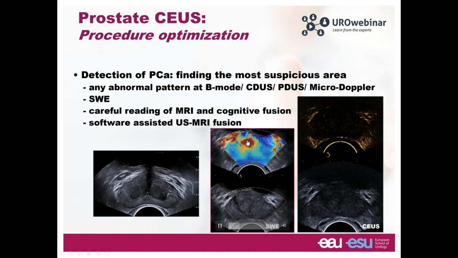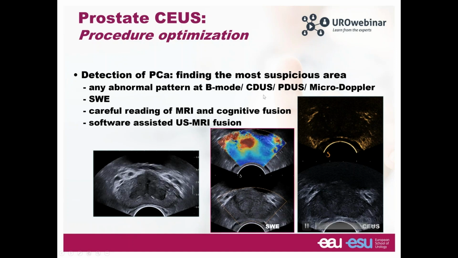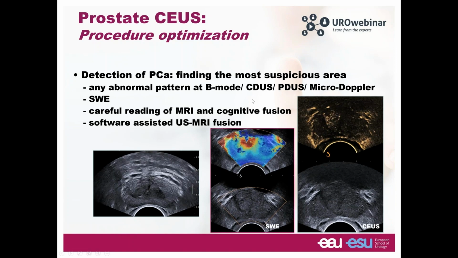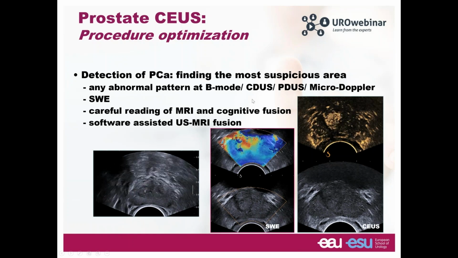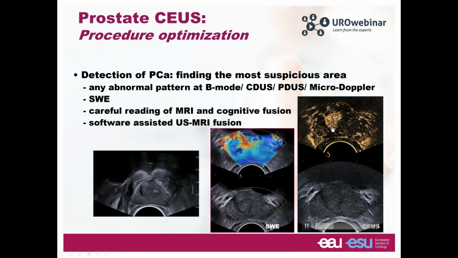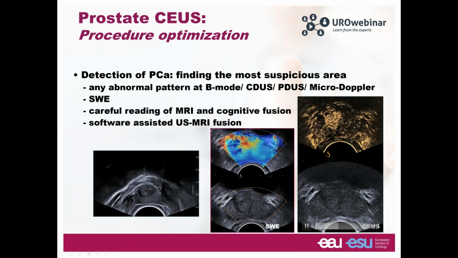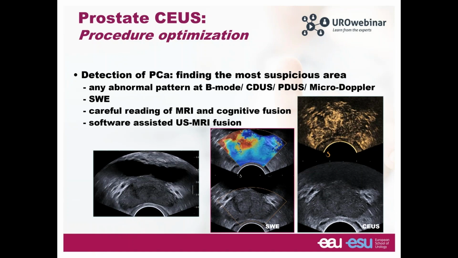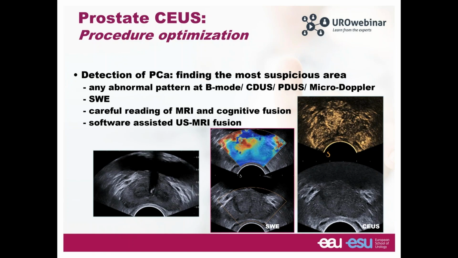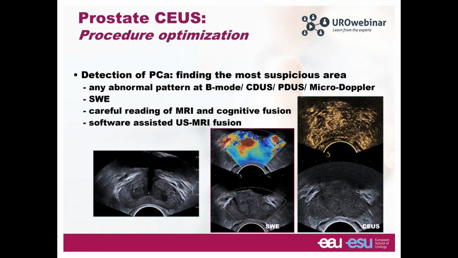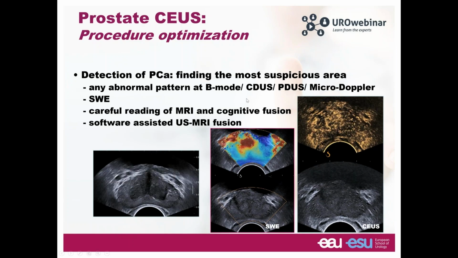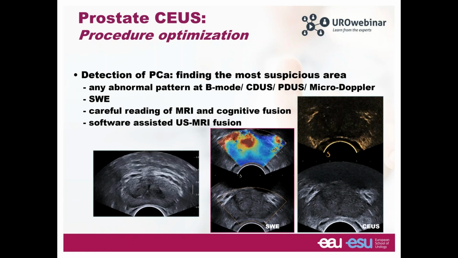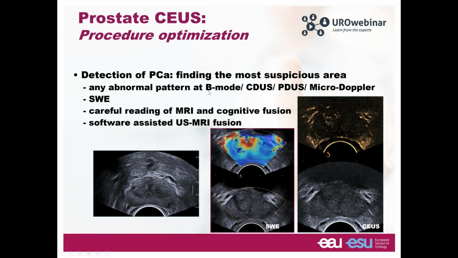So finding the right plane, then we could inject the contrast, and you will see that the contrast enhancement is very strong, very abnormal, and the biopsy at the site of this lesion revealed that there is an 8 lesion with all biopsy positive, and none of the systematic and other biopsies performed in the prostate showed any cancer cells.